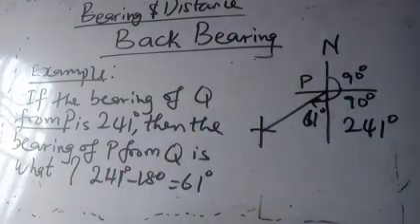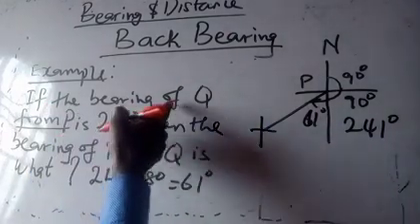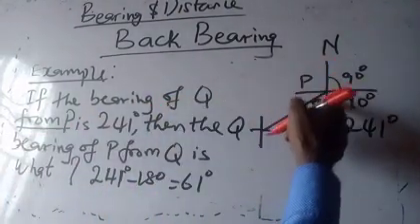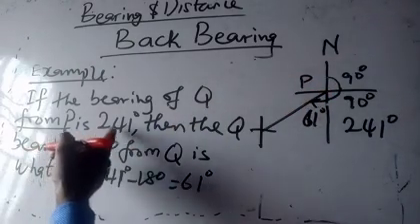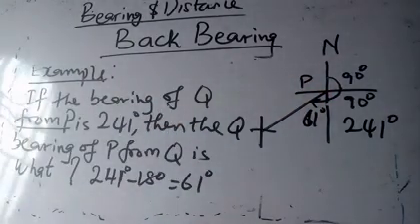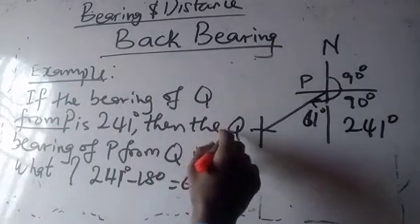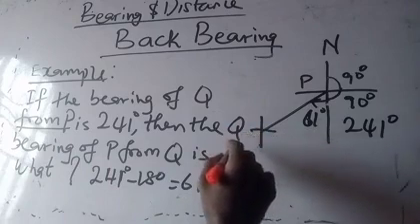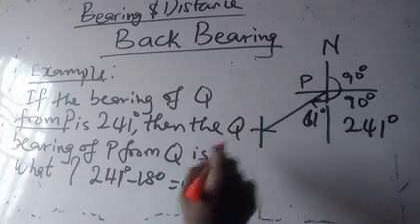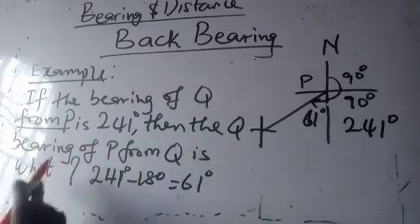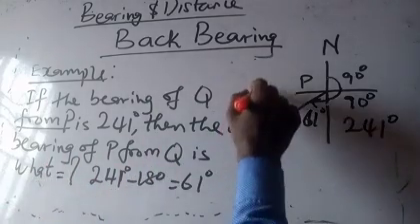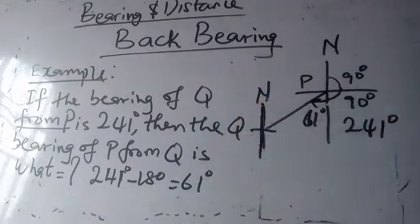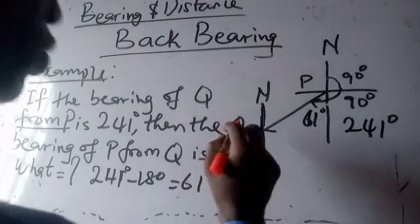So if the bearing of Q, this is Q, from P, this is our P, is 241 degrees, then the bearing of P from Q is what? That's the question. This is the North Pole of Q. To measure the bearing of P from Q, you are measuring from here.